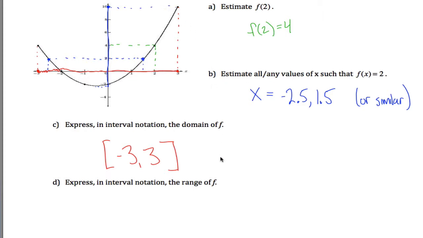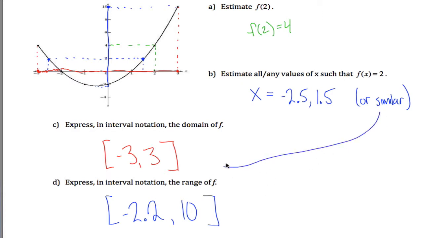If you asked me to guess what that is, I don't know, like -2.1, -2.2, something like that. And all the way up to 10. I would say we want closed brackets because we do take on that height and this height. So maybe this or similar works for all of these.